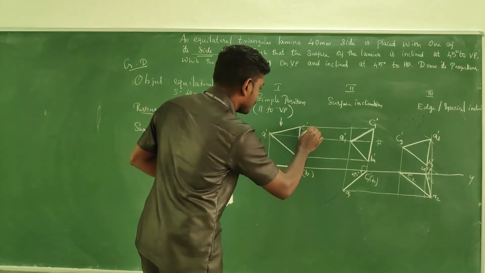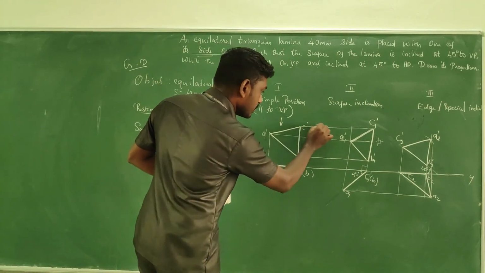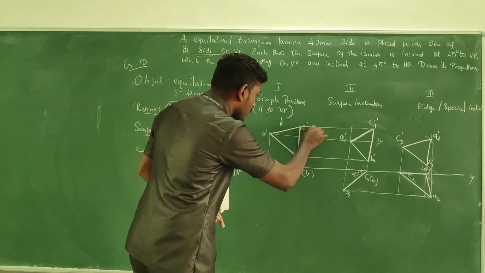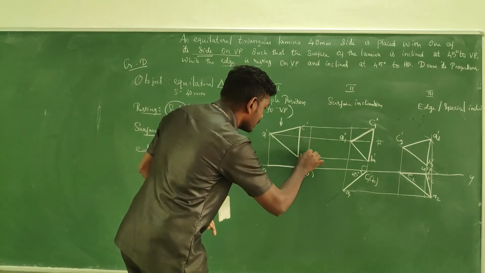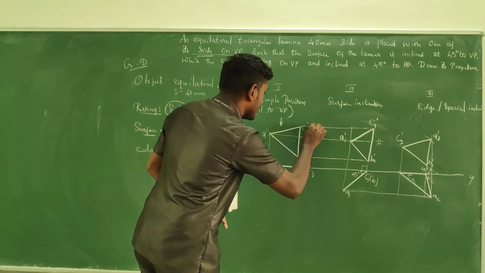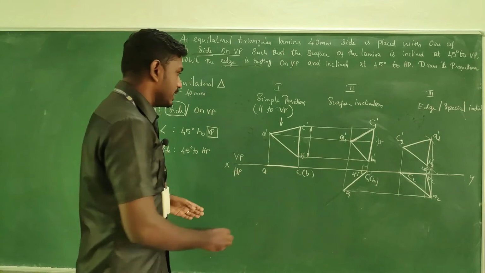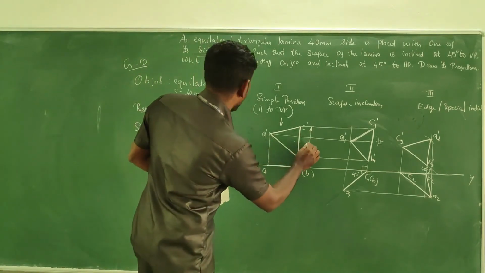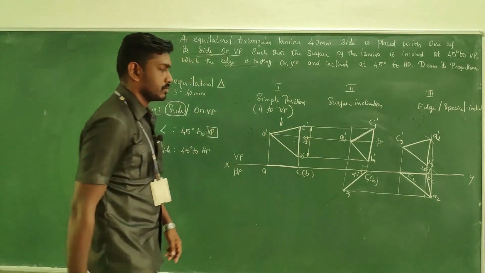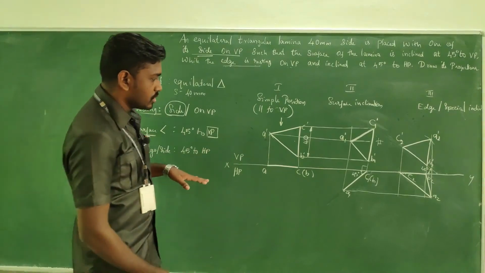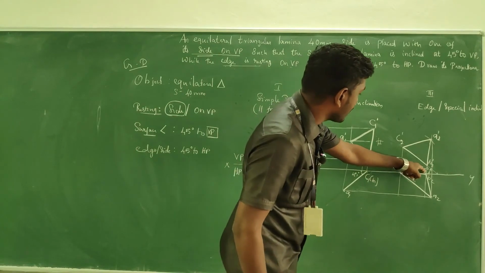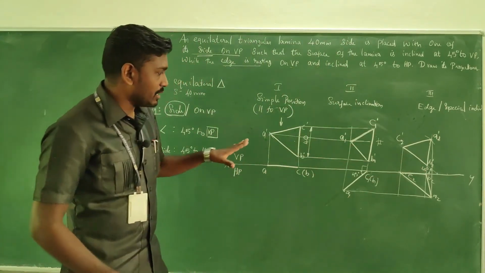Here I am preferring this side. For that you take the dimension line from C and from B. Already we have the projectors, so without extension lines I'm simply drawing a parallel line to the side, taking filled arrows at the ends and writing 40 above the line. Next, see the surface inclination I have mentioned here, and the edge inclination I have mentioned here. So all the dimensions are done.